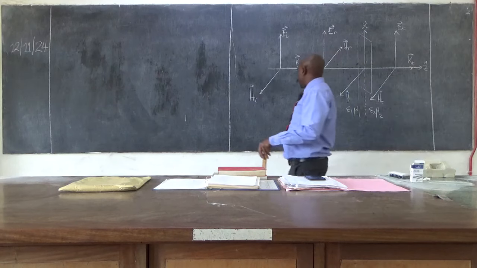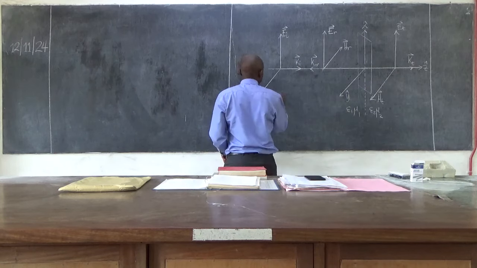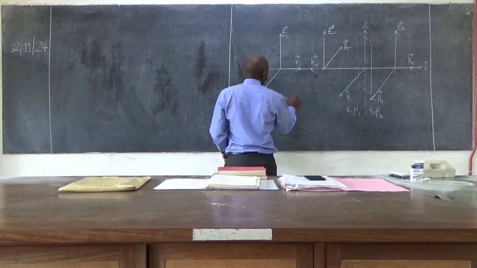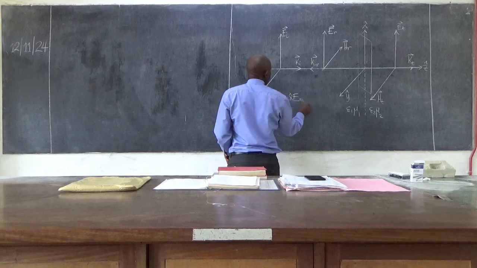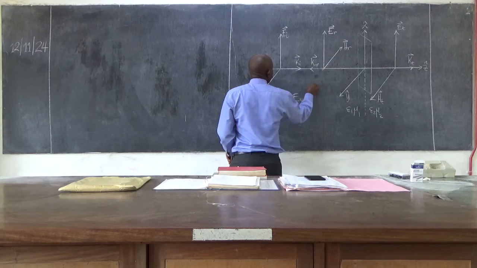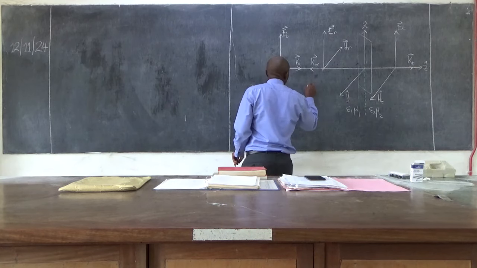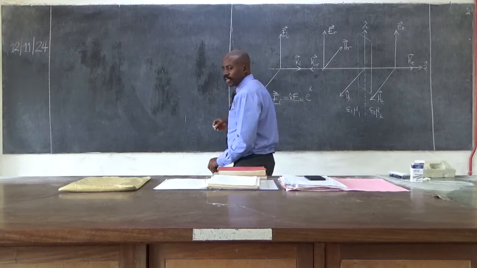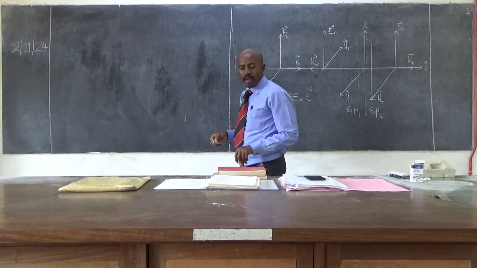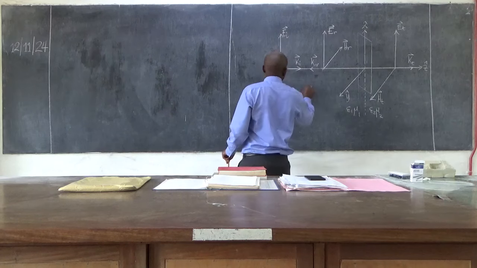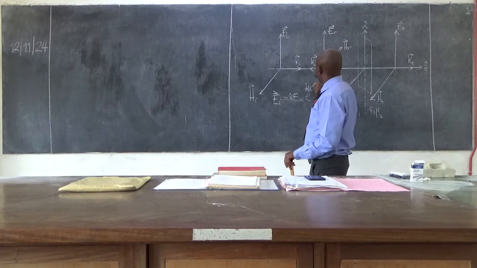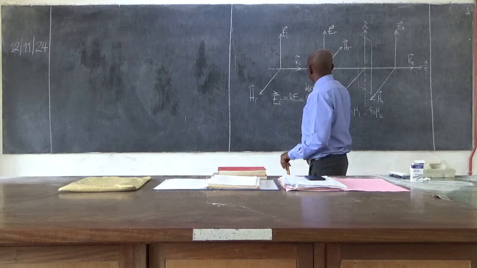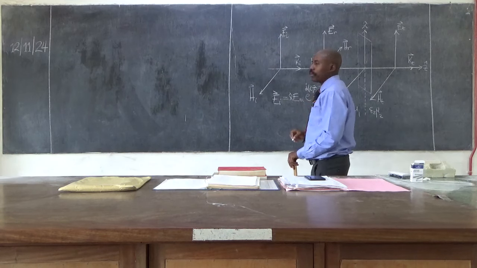Then we say that E_I would equal E naught x, E naught I, the exponential. Do we use J or Y? J. So J, then this would be the same as kz minus omega t, and since we are in medium 1, we add ky.